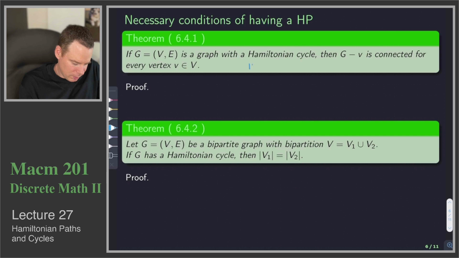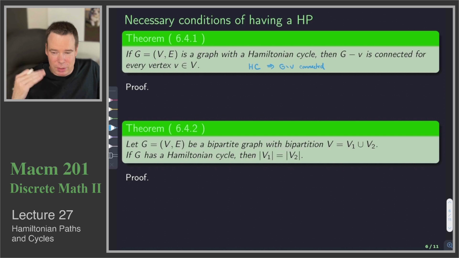So here we would write this as Hamilton cycle implies G take away V is connected. I'm being very brief here, but I just want to get in your mind the implication that's happening in this theorem. Hamilton cycle is the hypothesis. G take away V being connected is the conclusion, and that's true for all vertices V.